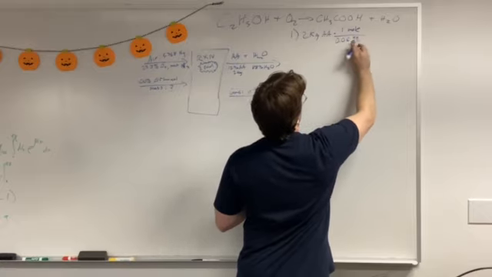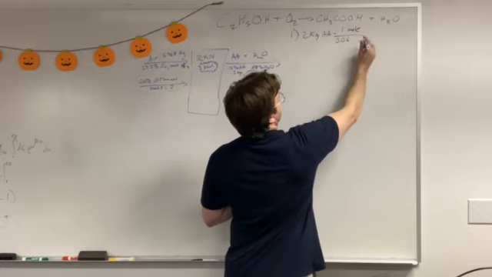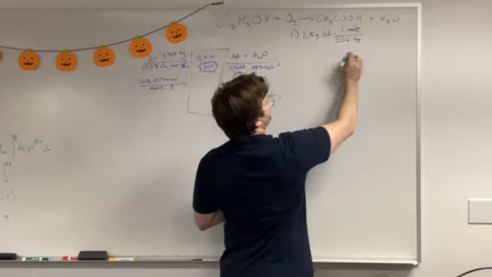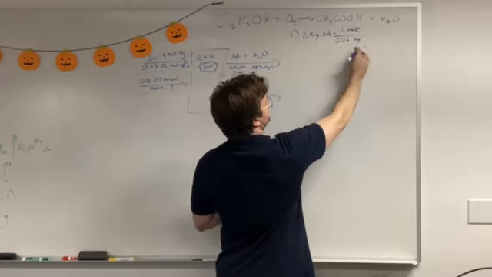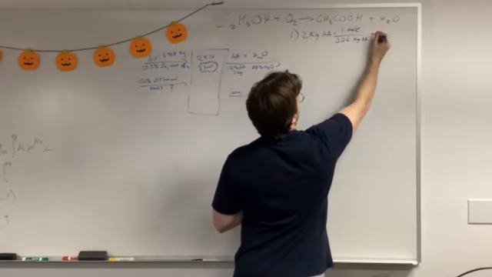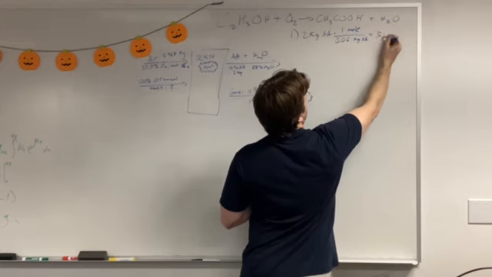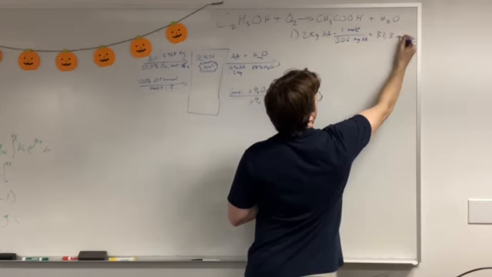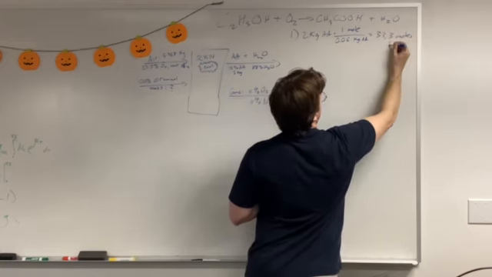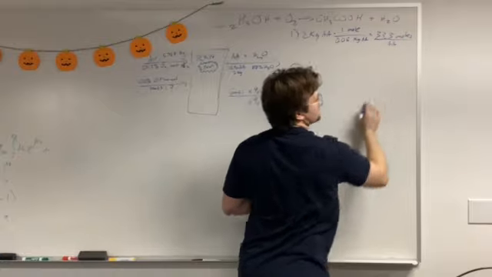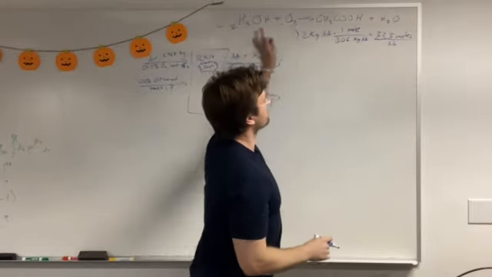So 1 mole per 0.06 kilograms of acetic acid gives you 33.3 moles of acetic acid. This is important because this is all a one-to-one process.